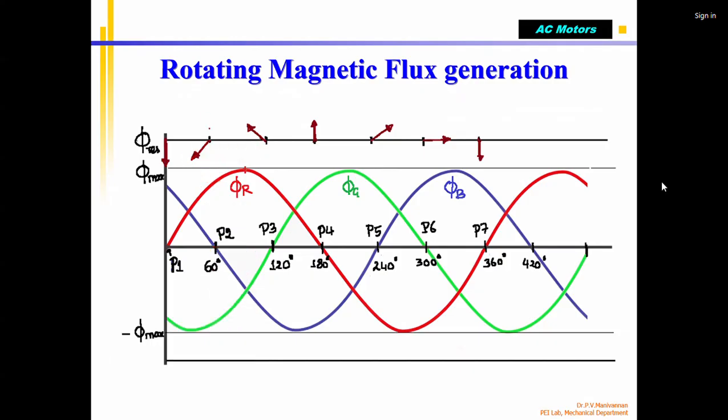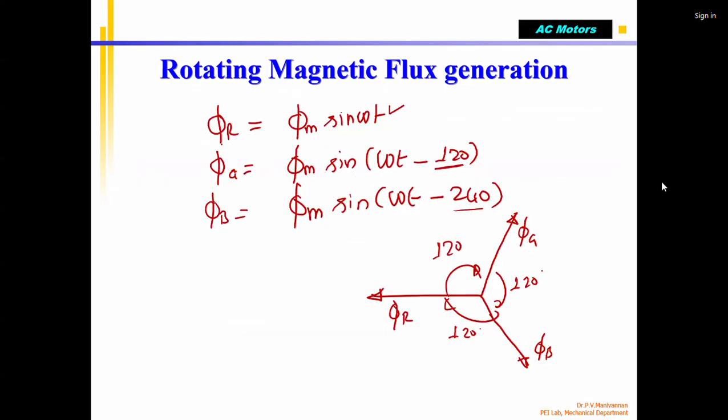So originally it was like this. Now it is this, correct? And it is rotated by 60 degrees, and it is like this with a strength of root 3 by 2, or 0.866, times phi max. Okay, so the same thing we can do for the others also.